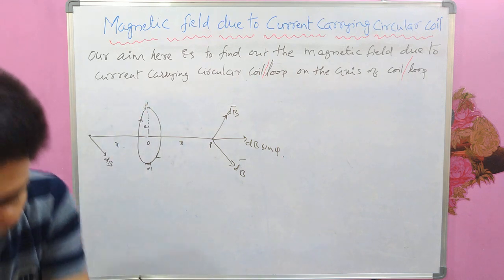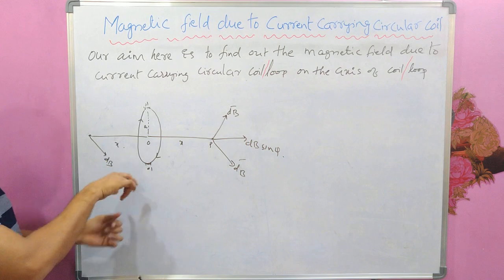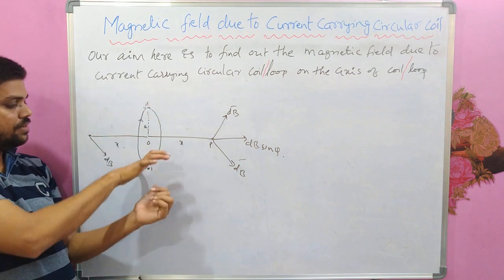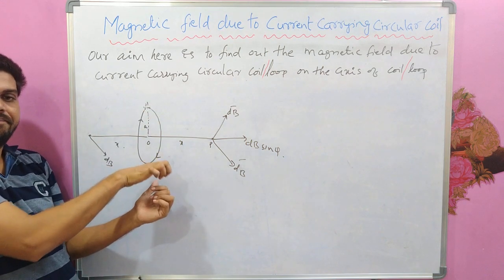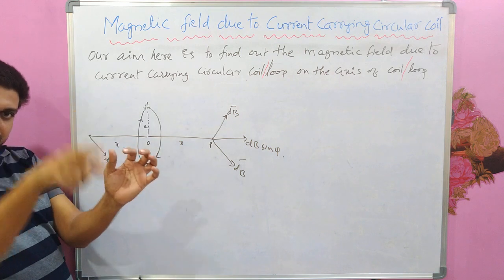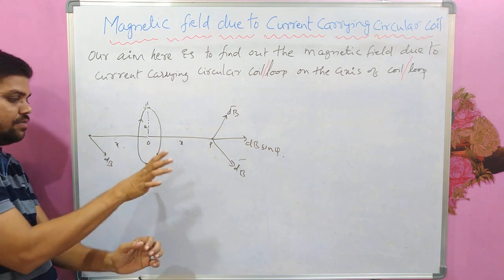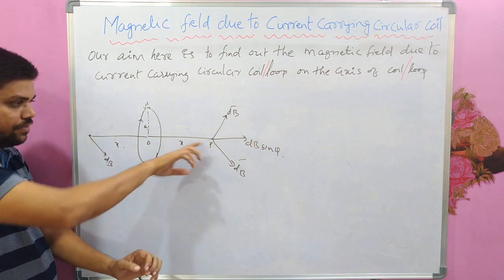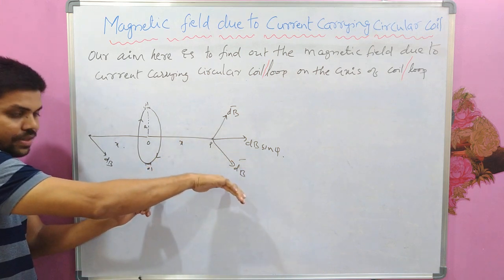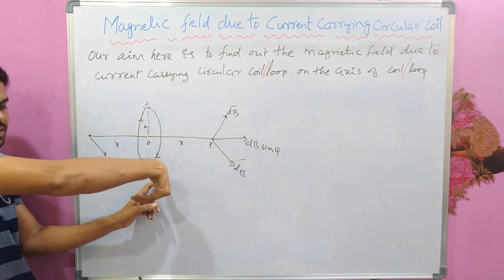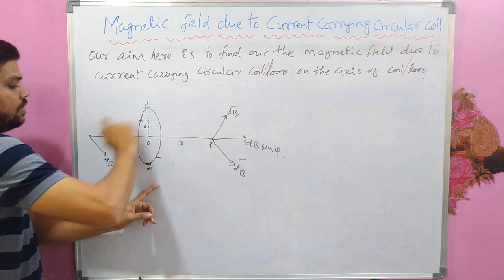Similarly, if you take this, the current is inwards here because we have considered this clockwise direction of current, and the magnetic field on this side is this. That is fine. And if you keep curling your fingers like this on this side, it will go this way.